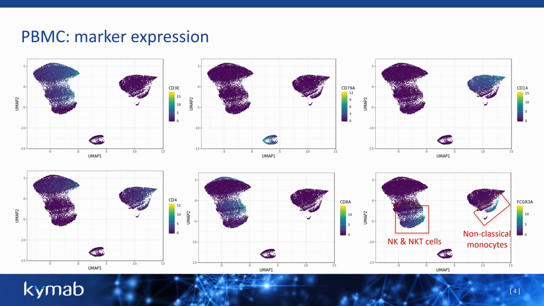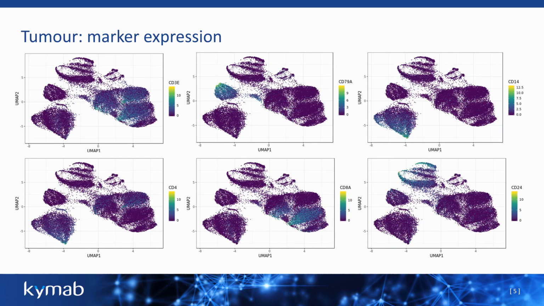On the one hand, we know that non-classical monocytes express CD16, but also NK and NKT cells. And we can see that these cluster closer to CD8s, which is expected, and these cluster closer to the classical monocytes. So from a top-level view this all looks like what you would expect.